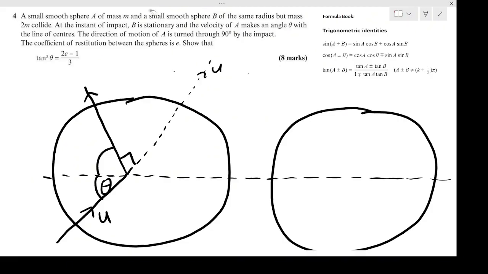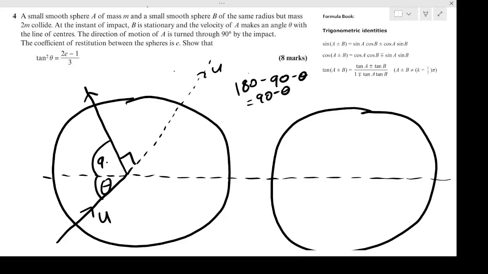So actually we don't need to call it beta here. I can deduce what that angle is going to be, because all three angles here have to add up to 180. I can work out the missing angle to be 180 take away 90 take away theta, which is 90 take away theta. So I can be more specific than just saying beta.